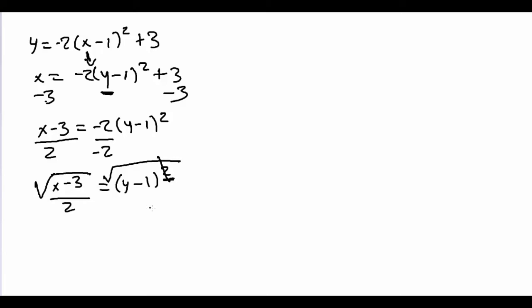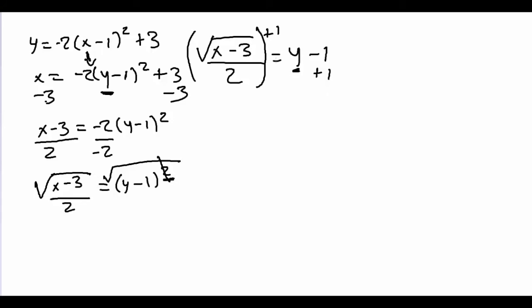And then the new equation would be square root of x minus 3 over -2 equals y minus 1. And then we'll add 1 to both sides to leave the y alone. So that would be square root of x minus 3 over -2 plus 1 equals y. There's your inverse.